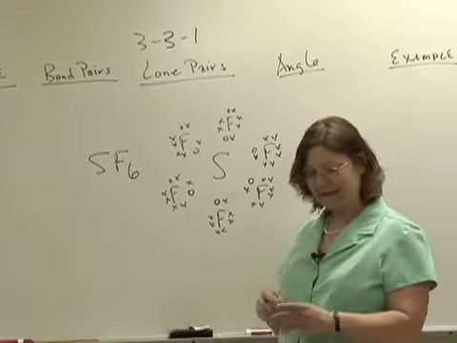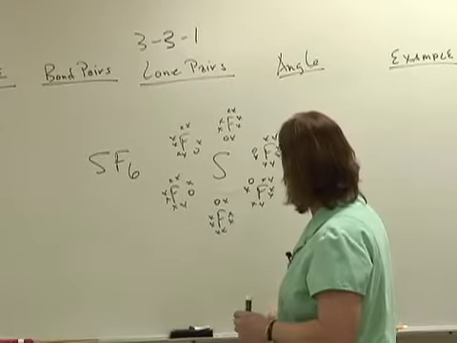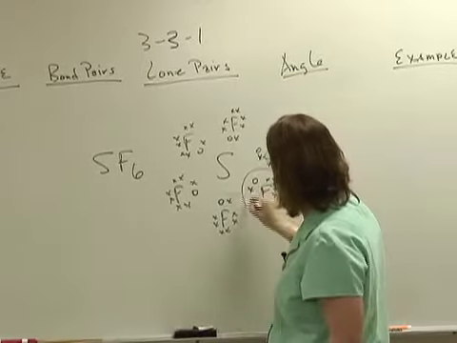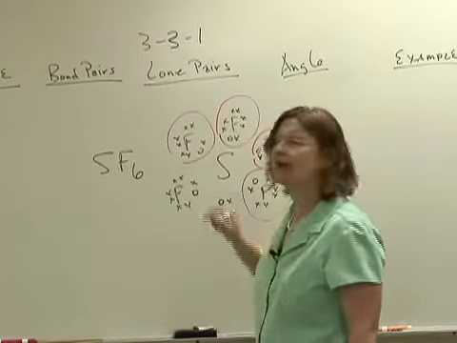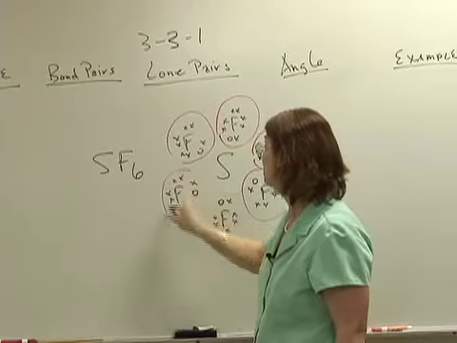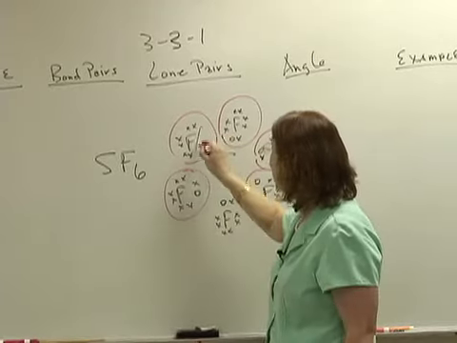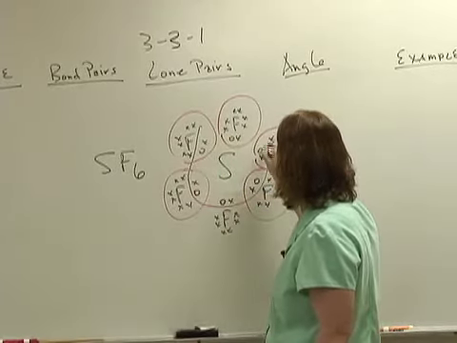And you can see that the outer atoms all follow the octet, and fluorine does not have a d orbital, so it could not have more than that. And we have a total of 12 electrons here.